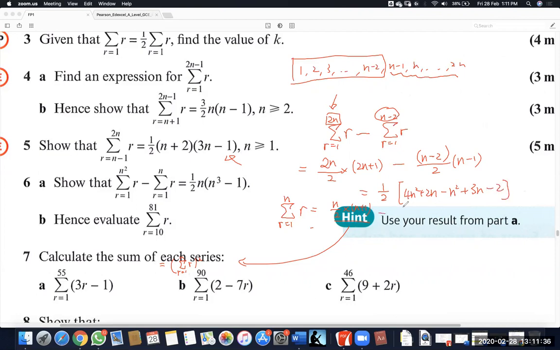And then you can halve, and then 3n squared plus 5n minus 2. And then either factorize it or use your calculator, 3n minus 1, and then n plus 2. Okay, and then that's your answer. Yep, that's the answer. Okay.